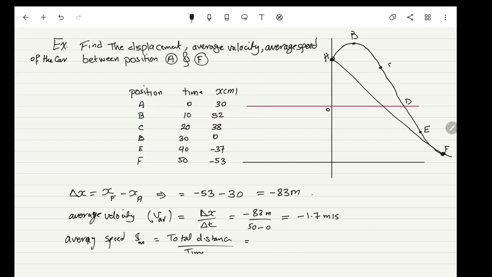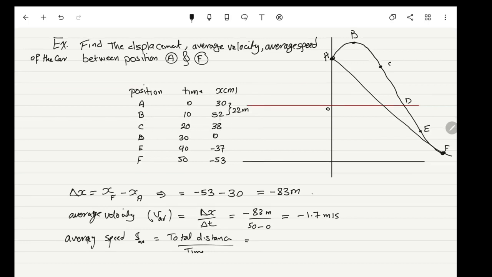So in this case, the distance here equal to 22 meters. Now, the distance from B to C equal to 14. Then 38, 37, 16.